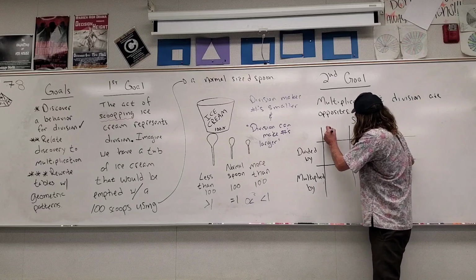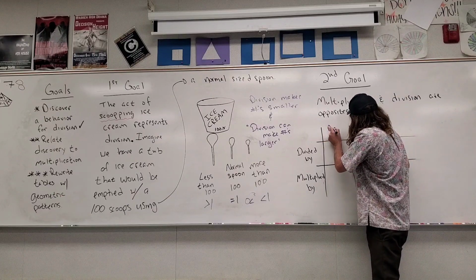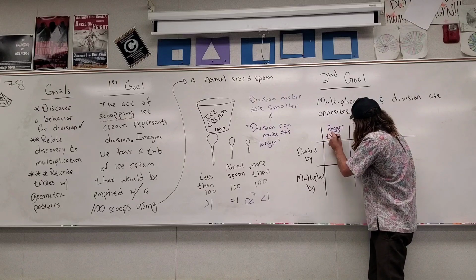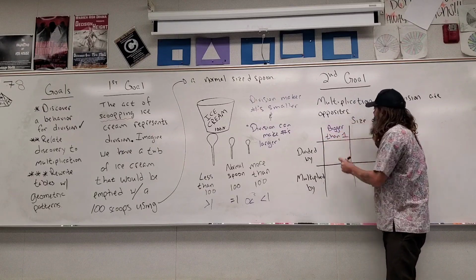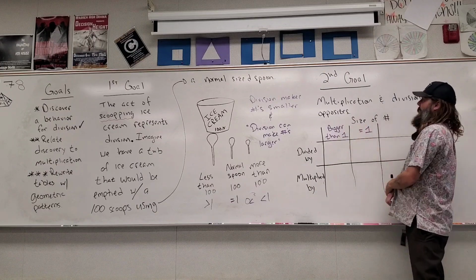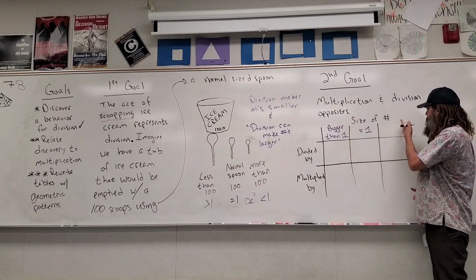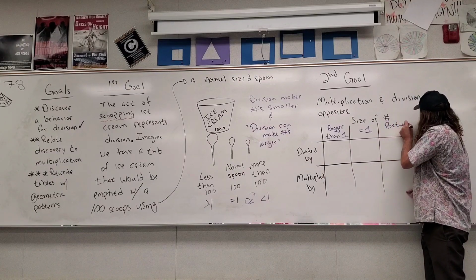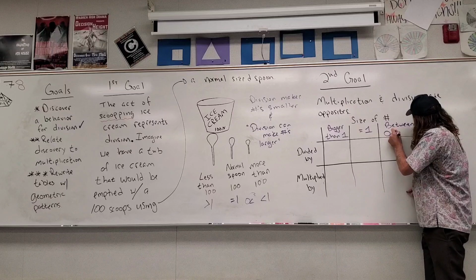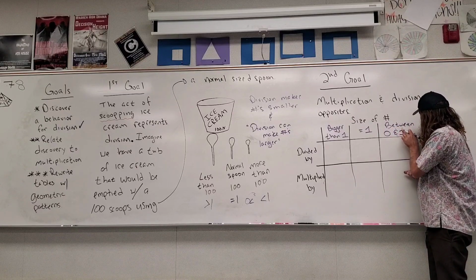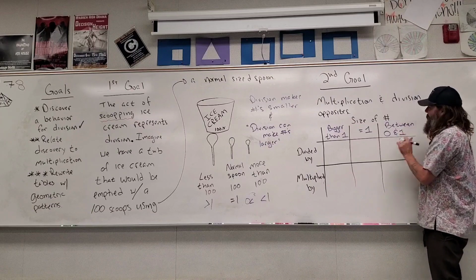Numbers that are bigger than 1. Number that's equal to 1. And then the last size of numbers are between 0 and 1. There we go. All right.